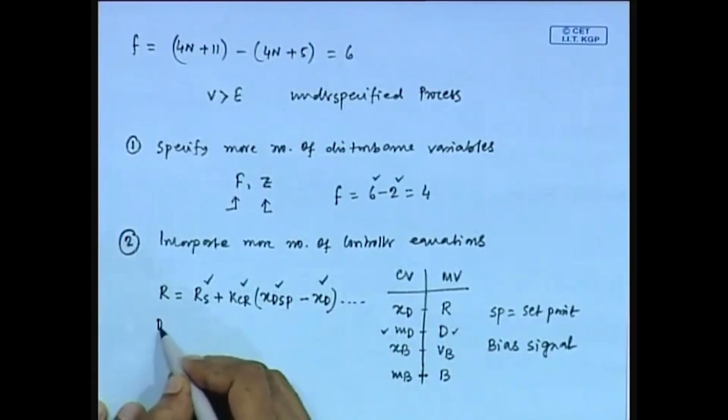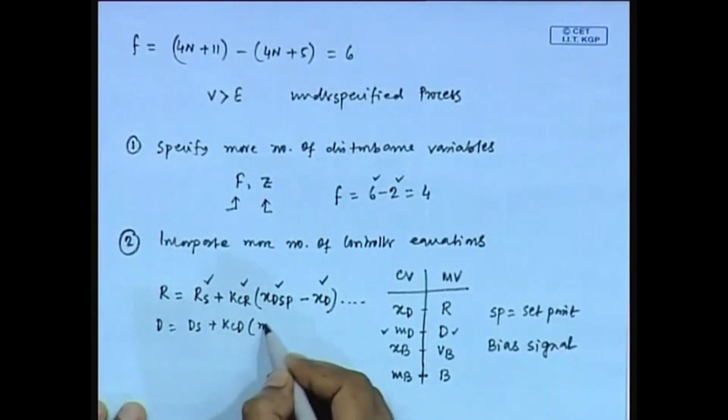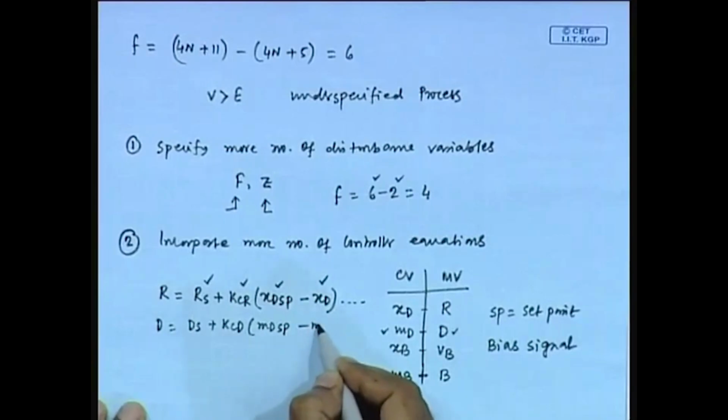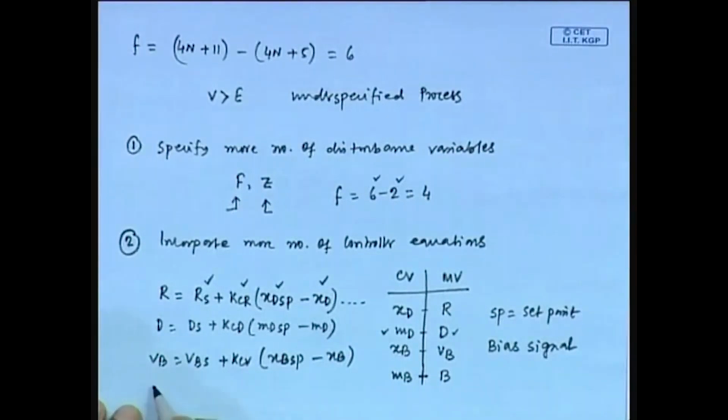Similarly, we can write for D, D equals DS plus KCD times MD set point minus MD. Fine. For VB, we can write VB equals VBS plus KCV times XB set point minus XB, and last equation is B equals BS plus KCB times MB set point minus MB.